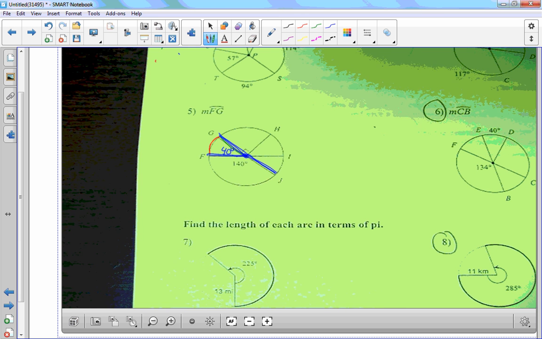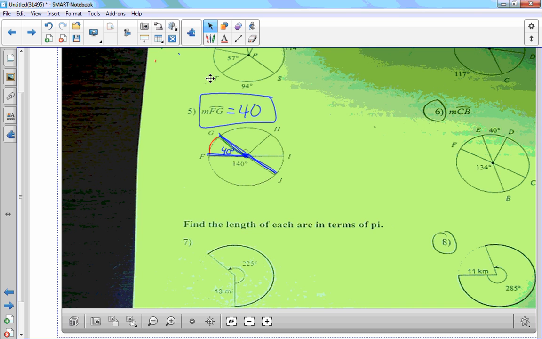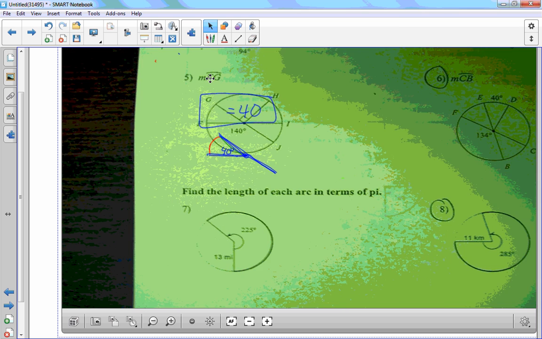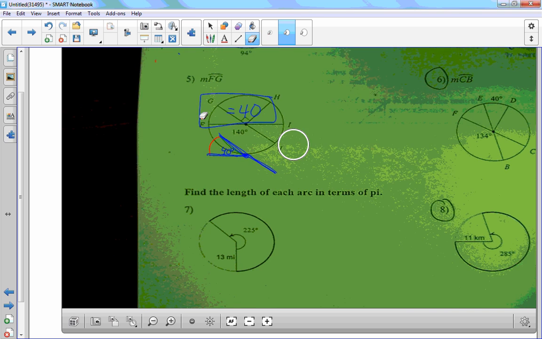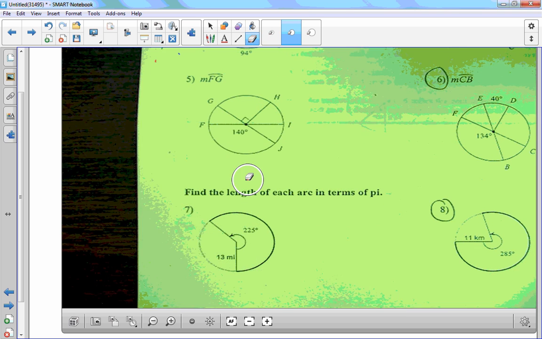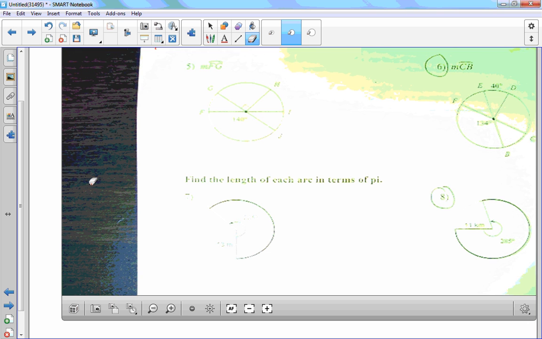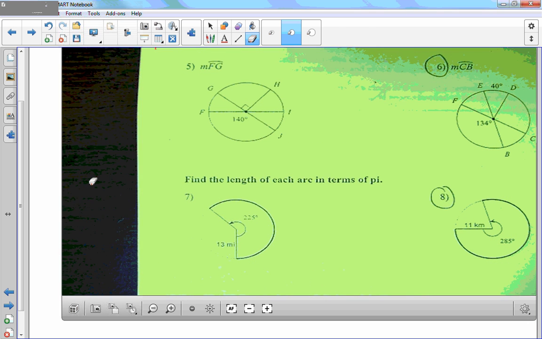So the measurement of FG is equal to its central angle, so that's 40. For the arcs, it's just 40. For the angle, there's a degree.